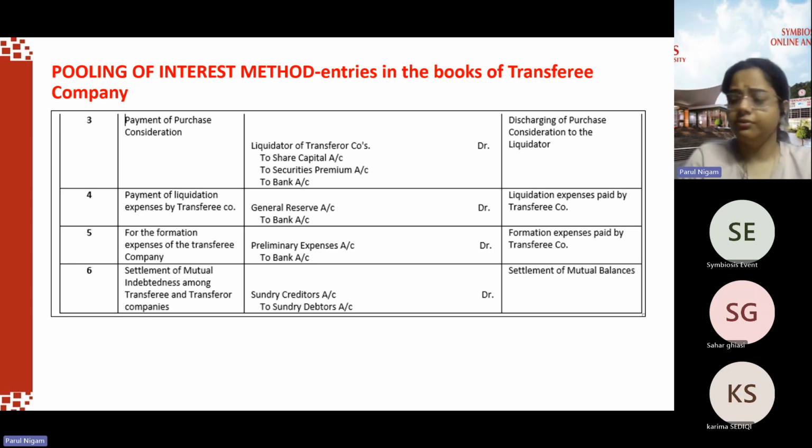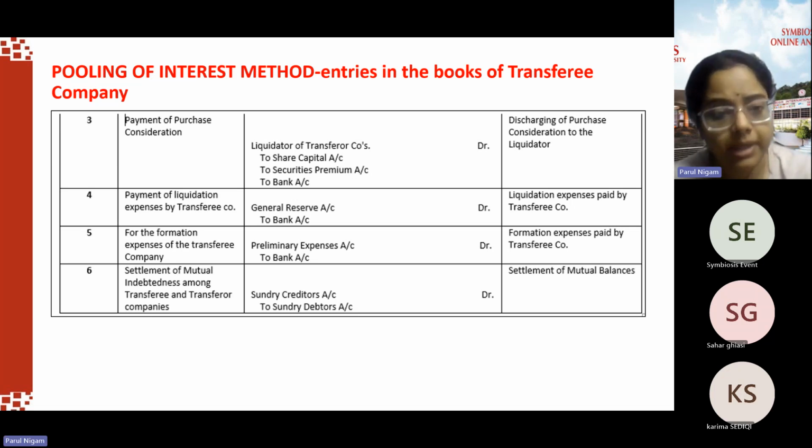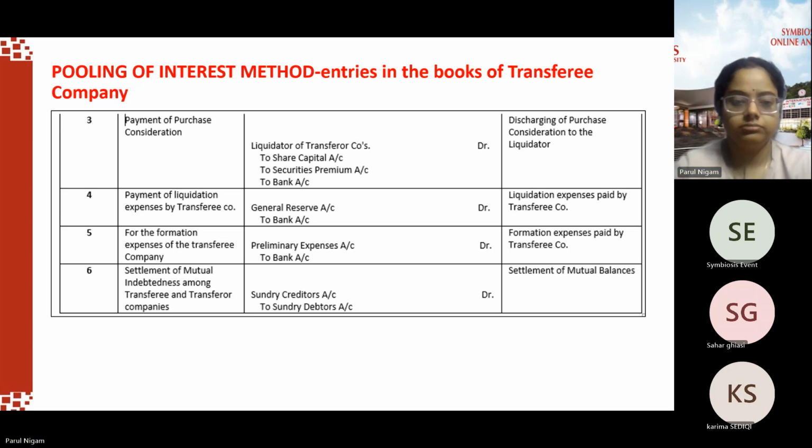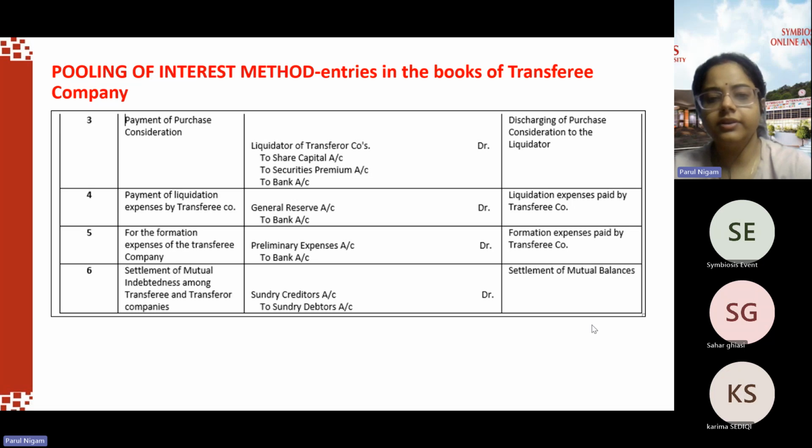Then the fourth point says payment of liquidation expenses by a transferee company. So we have general reserve account, which is debited, then to bank account. So basically you are first of all paying liquidation expenses.